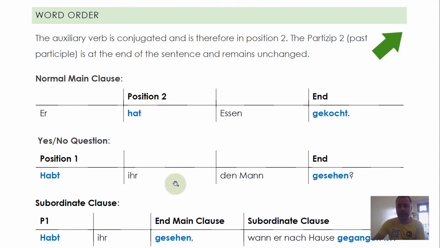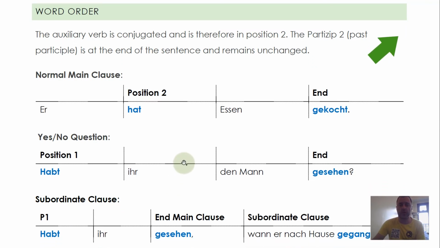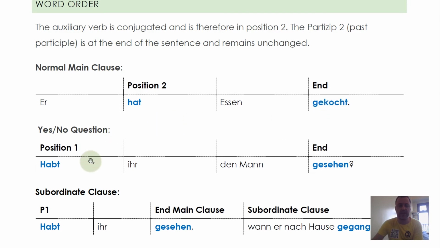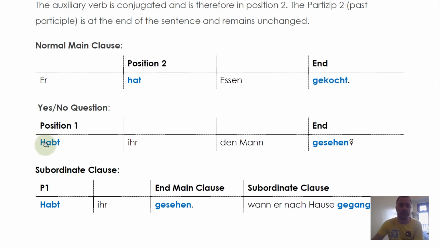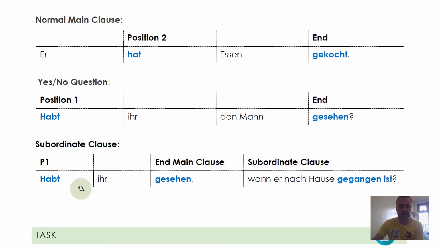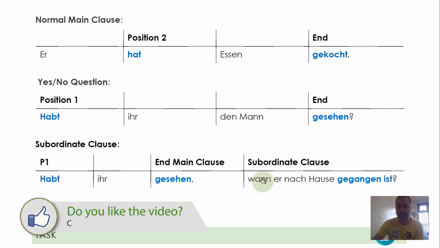Let's have a quick look also at the word order. It's the regular word order for two verbs in the sentence. So the auxiliary verb goes in position 2, and the main verb, the past participle, Partizip 2, goes to the very end of the sentence. We have the auxiliary verb in first position and Partizip 2 at the end, and in a subordinate clause, the auxiliary verb goes to the very end of the clause.